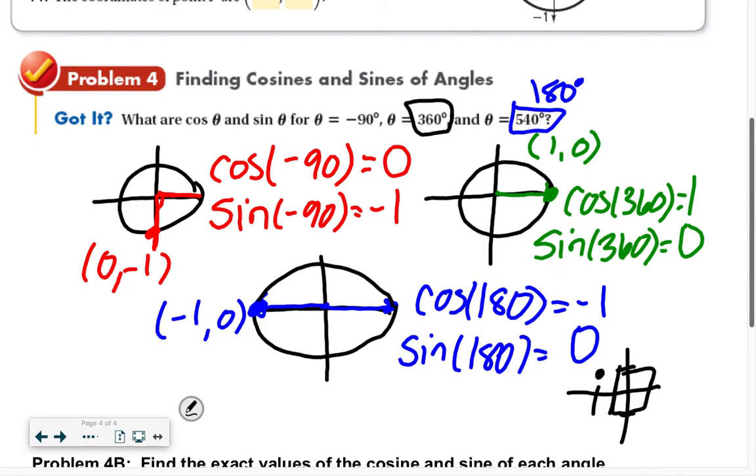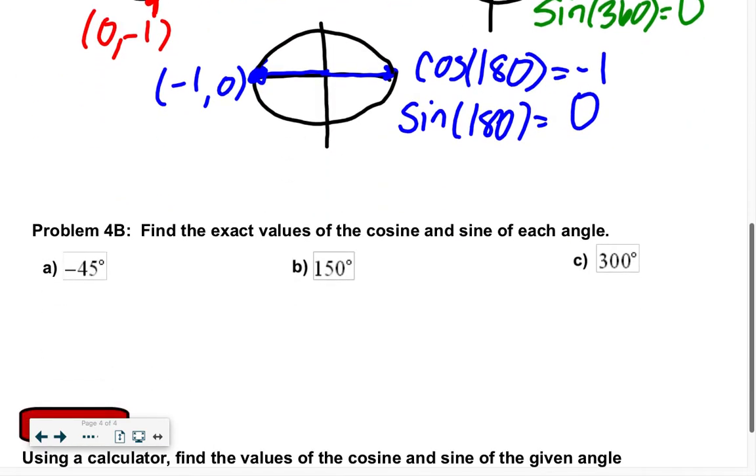So we're either 0, -1, 1, 0, 0, 1, or -1, 0. It's only one of those 4. That's why I draw my XY axes. They should probably look better, yes. Okay.